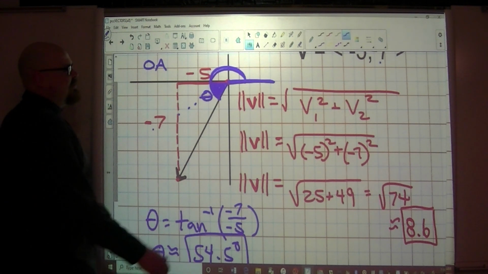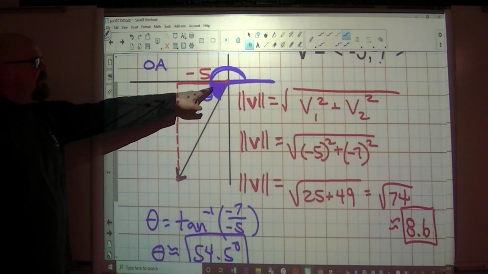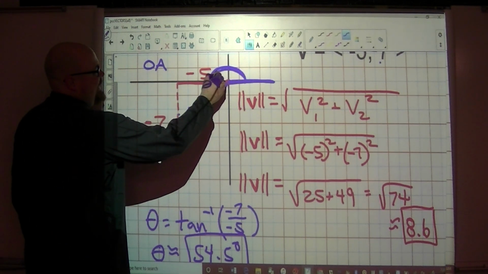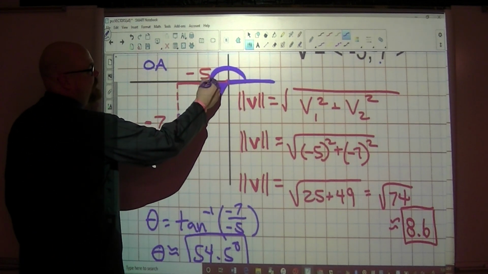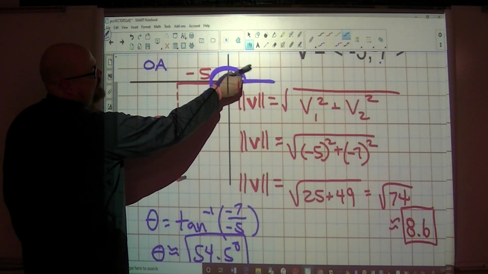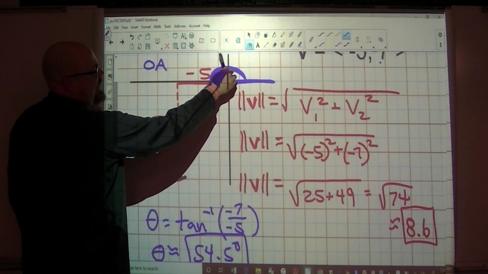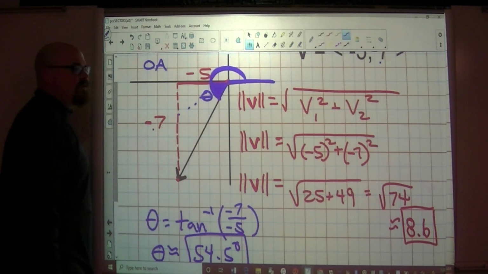okay? Because you can see from here that this is our 54.5 degree angle, which is tacked onto, for lack of a better word, the first piece, which is moving from here all the way over to here. That's 180 degrees. So we have 180 degrees just to get to this point, then we have another 54.5.